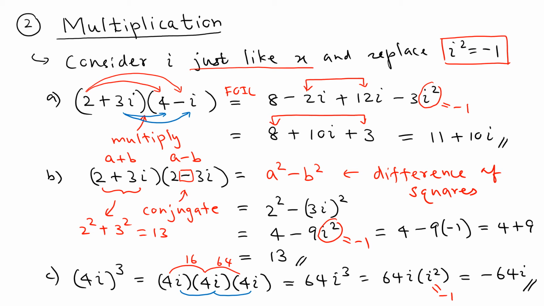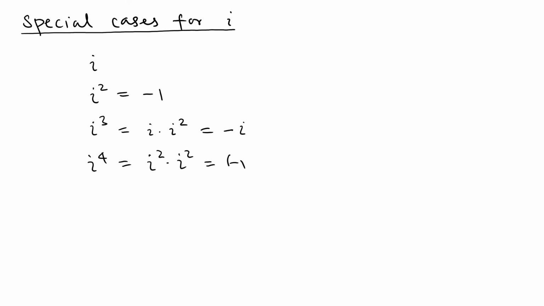So that always happens. So we can write these special cases for i. So we have i, and then when you square, you can write this one as negative 1. And then i cubed, you can write as i times i squared, so that means negative i. And then i to the fourth power, you can write as i squared times i squared, which is negative 1 times negative 1, so you get 1.